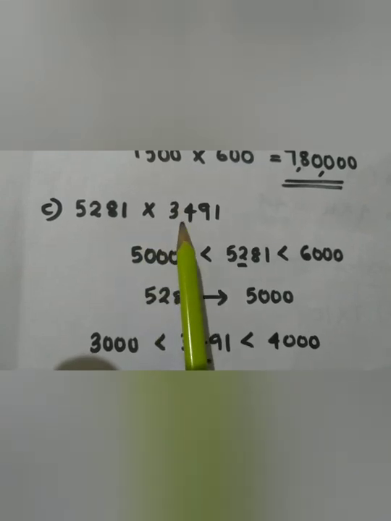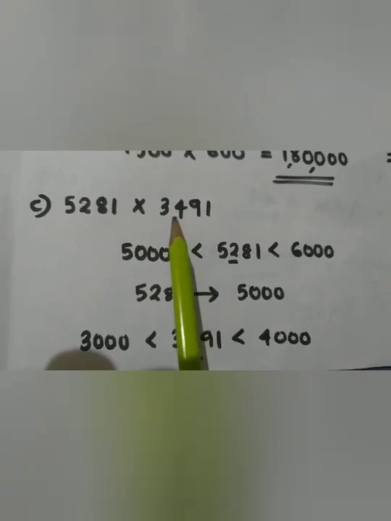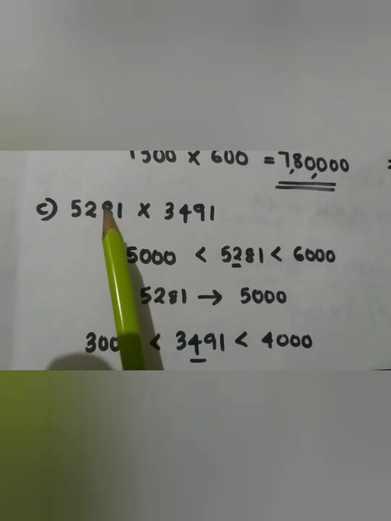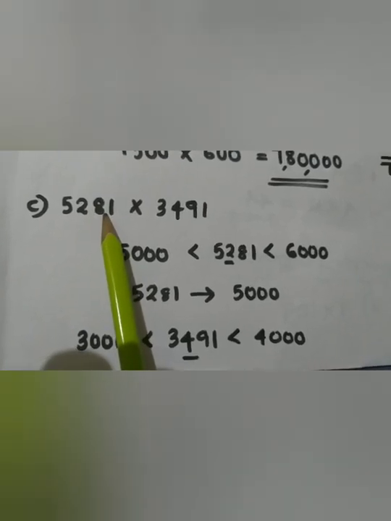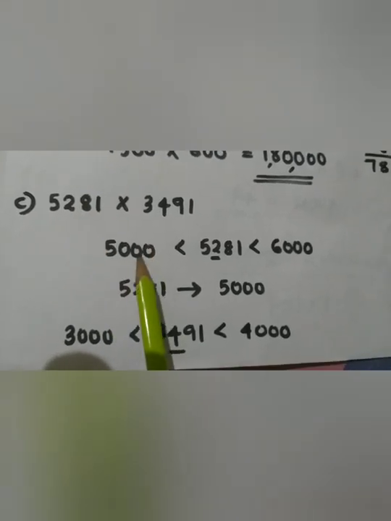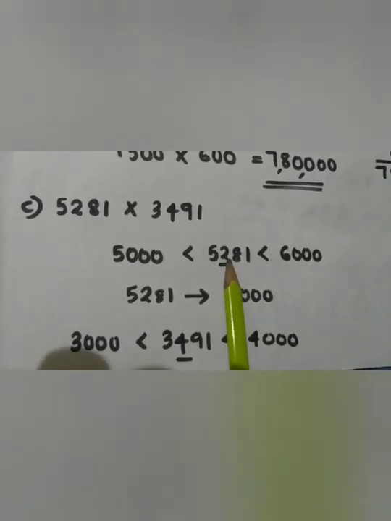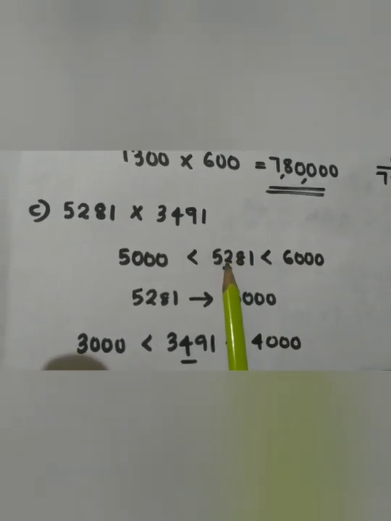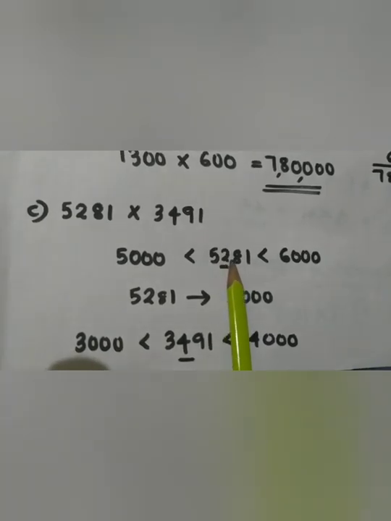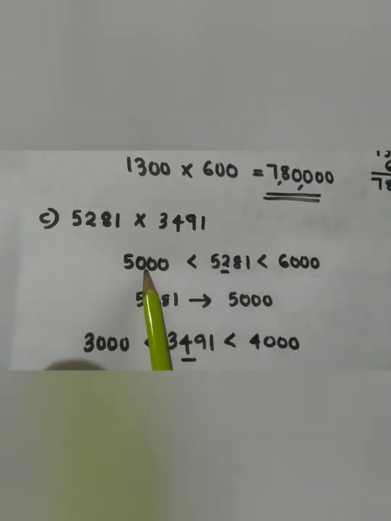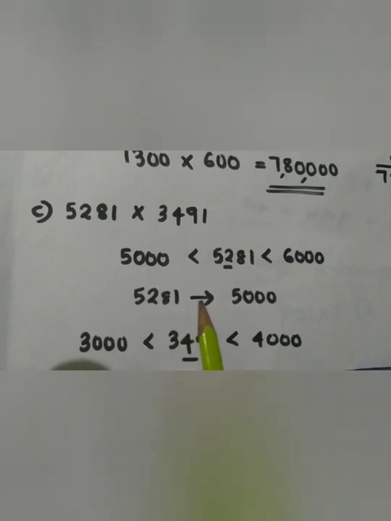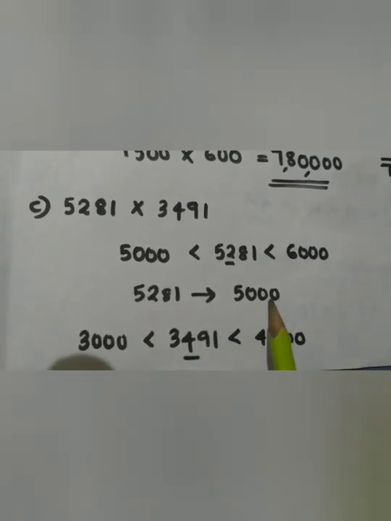5,281 into 3,491. We are estimating the product. So 5,281 is between 5,000 and 6,000. Now which digit will we check? The digit in the hundreds position, that is 2. So we are rounding down. So 5281 can be rounded to 5000.